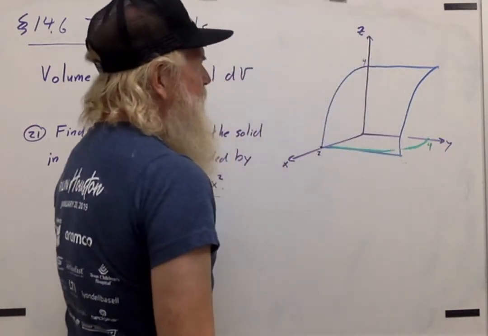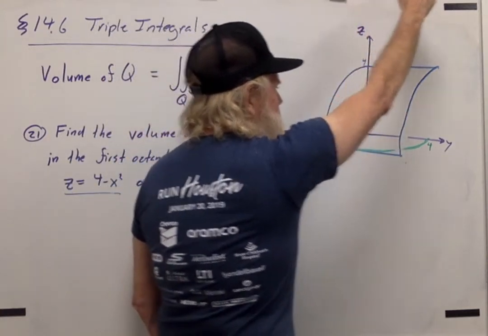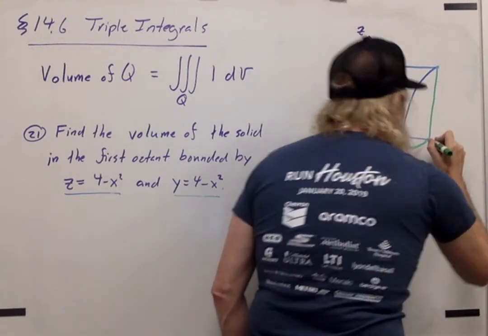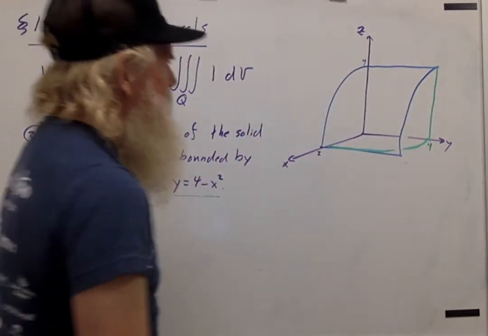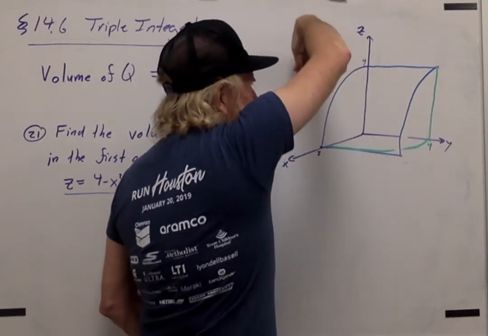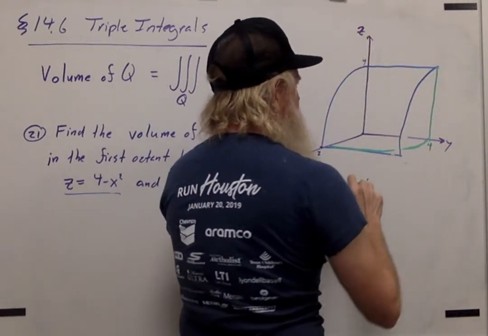And then I have to take that and translate it parallel to the z-axis. So this point is going to go directly up and meet that curve. And it's as if I take a knife and take a vertical slice of this solid along this curve.